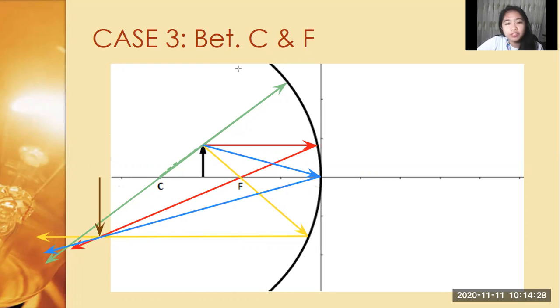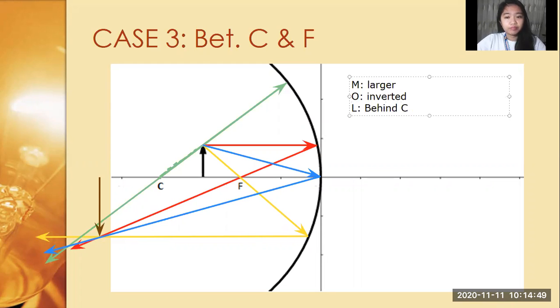So let us determine MOLT. For the magnification, as we all know, it's certainly larger than the object. For the orientation, it's still inverted. For the location, it is behind C. And then for the type of image, it's still real.